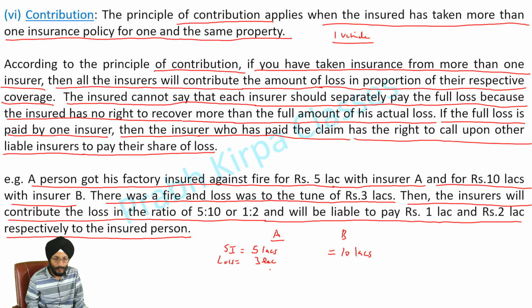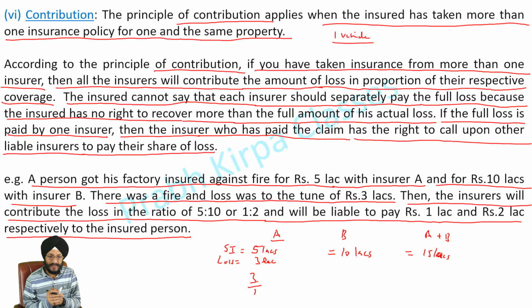So when we are to calculate, the total sum insured in the case of A plus B is 15 lakhs. So we can say that out of 15 lakhs, the loss is rupees 3 lakhs. So we will have to calculate accordingly. That is, against 15 lakhs, there is loss of rupees 3 lakhs.